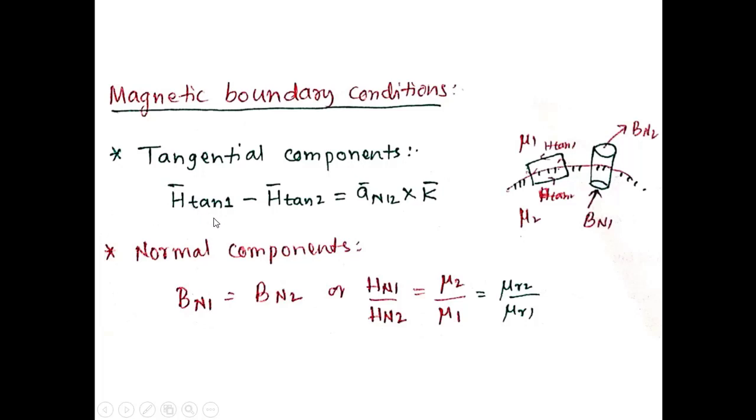It is given by H bar tan 1 minus H bar tan 2 equal to the normal to the two fields crossed with K bar, the surface current density. The normal components are equal: the magnetic flux density Bn1 is equal to Bn2. We know that B is equal to mu H bar, therefore Hn1 divided by Hn2 is equal to mu2 by mu1, which is mu r2 by mu r1.